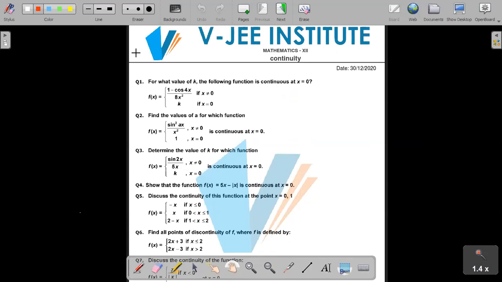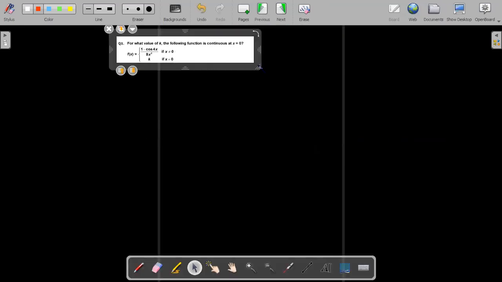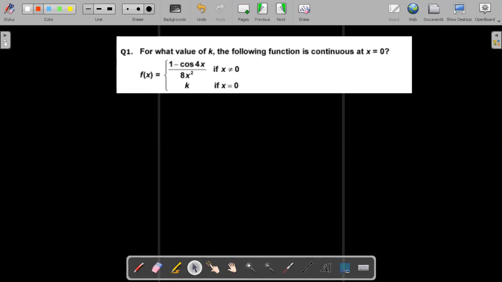So I'm starting from this section. Again, this is a second type of question which they will ask in continuity. In that kind of question, they will tell you that the given function is continuous at some point, here at x equals 0, and for that we have to calculate the value of some constant.